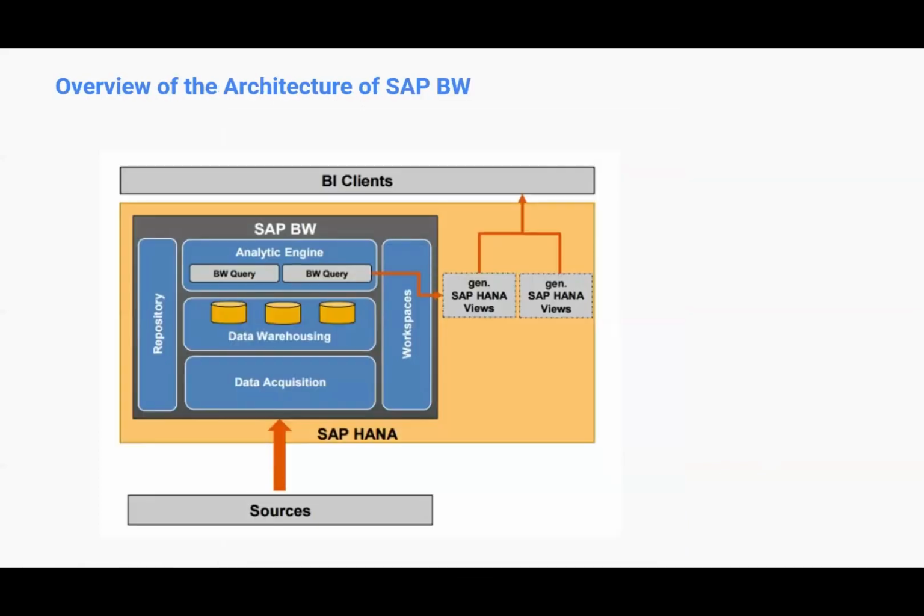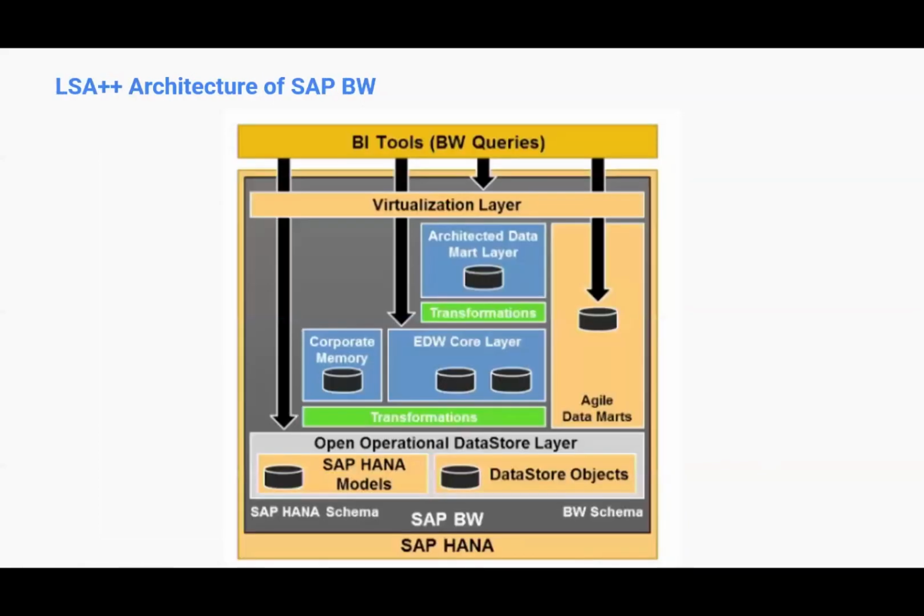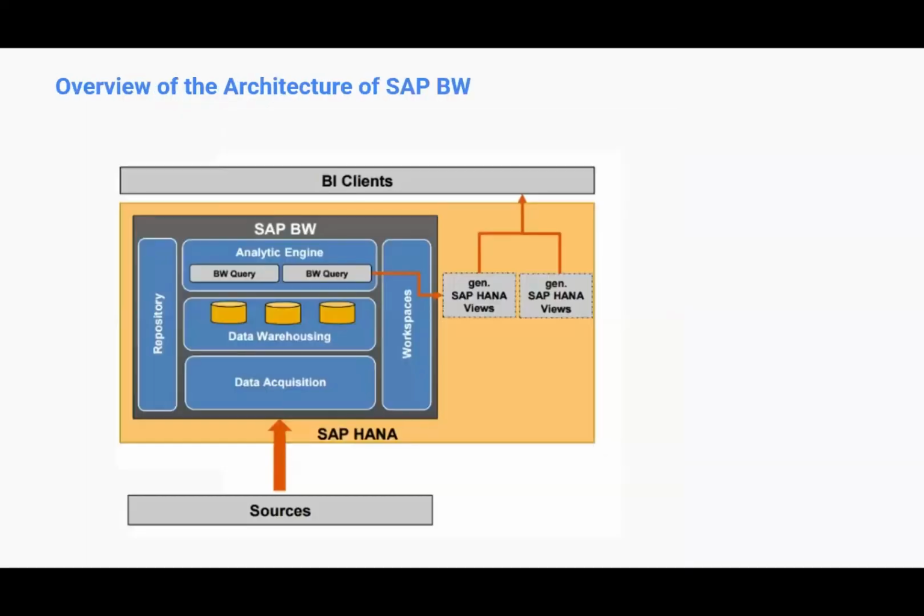Now this is the overview of the architecture of SAP BW that we discussed. Now we are talking about the LSA++ architecture of SAP BW. LSA means layered structured architecture. This first diagram is the layered structured architecture, the LSA view of SAP BW.